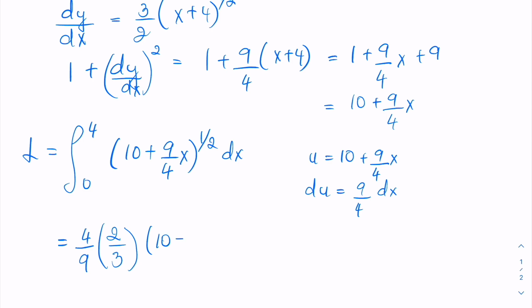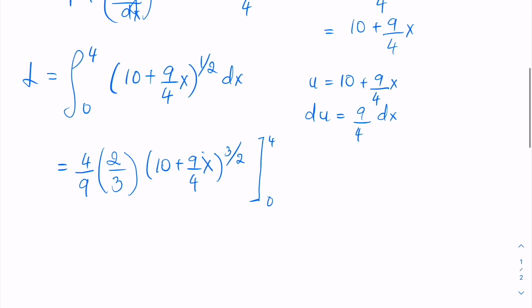And we have (10 plus 9 over 4 x) to the 3 halves. And we want to evaluate from 0 to 4. Let's simplify. So I have 8 over 27 times (10 plus 9 over 4 x) to the 3 halves.